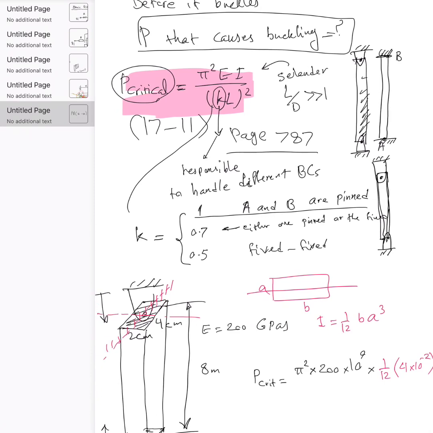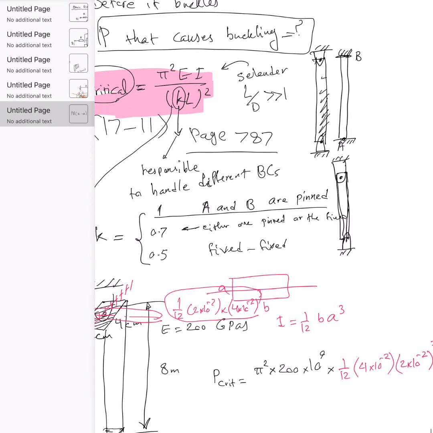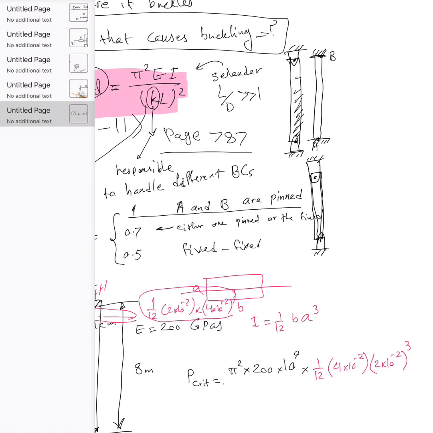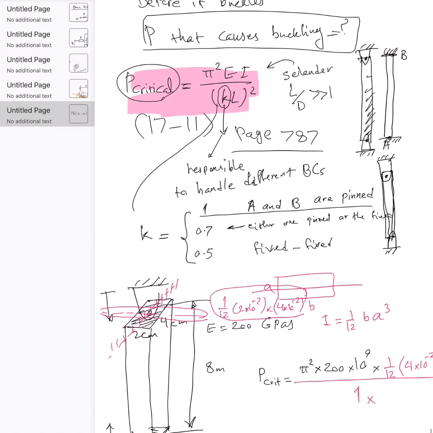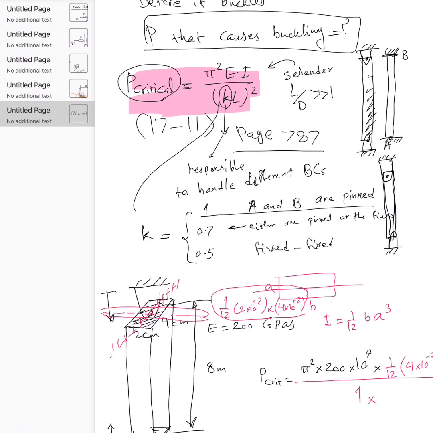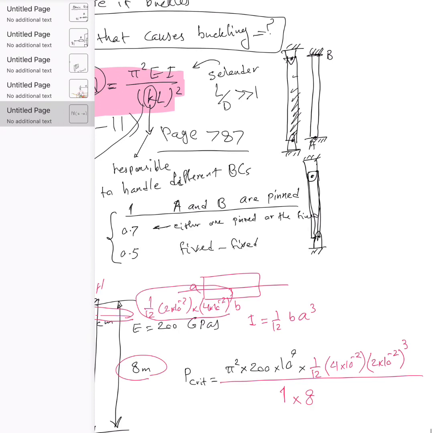The other moment of inertia, about this other axis, is 1/12 times 2 times 10 to the negative 2 times 4 times 10 to the negative 2, cubed. This is obviously way larger than the one I substituted, divided by K, which in this case is pin, so K is 1, times the effective length between two supports, which is 8. So you put 8, the entire thing squared.